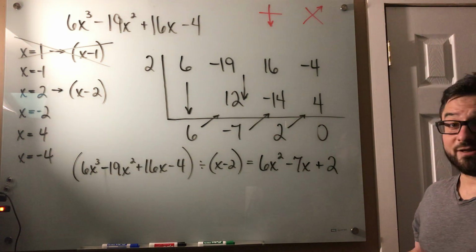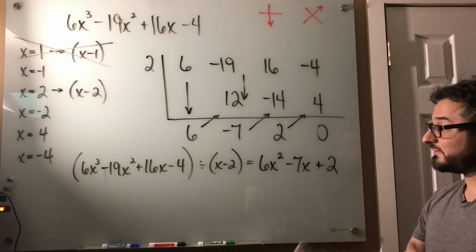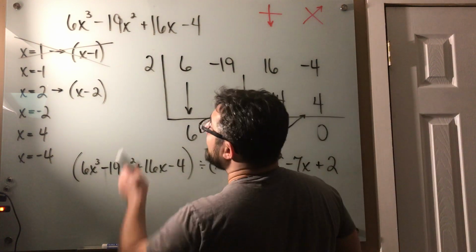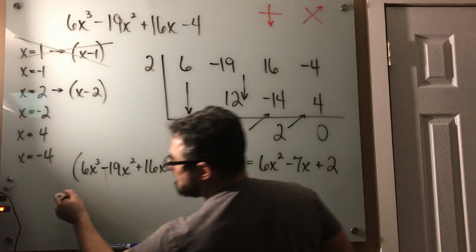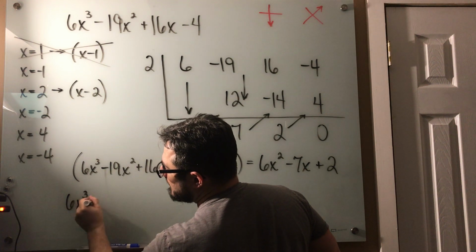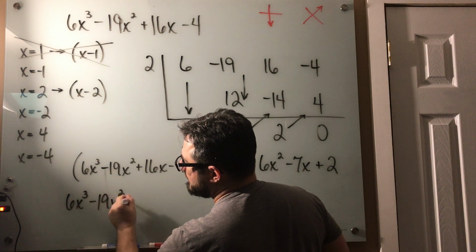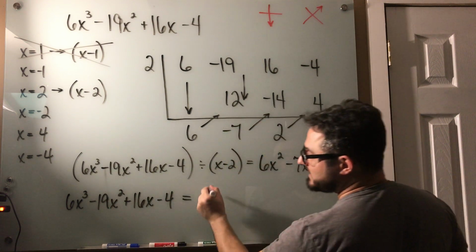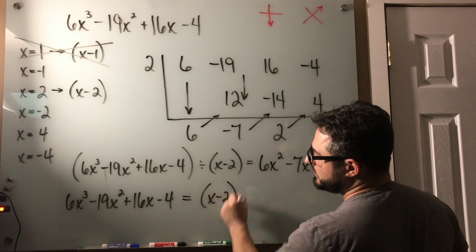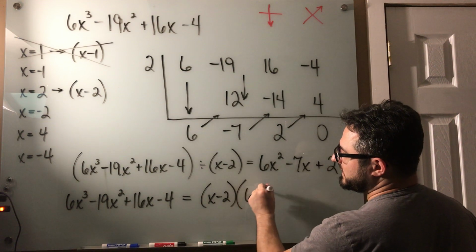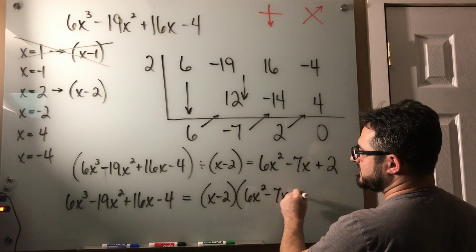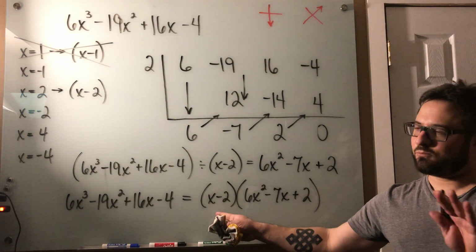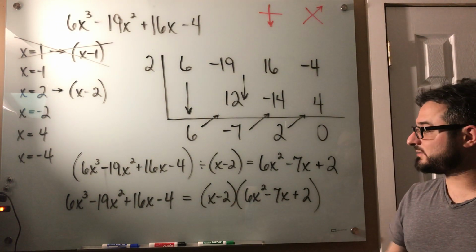And therefore, by the reversing of this divisibility statement, we can say then that this polynomial, 6x cubed minus 19x squared plus 16x minus 4, factors as x minus 2 times 6x squared minus 7x plus 2. And we have successfully factored at least one round of factoring.